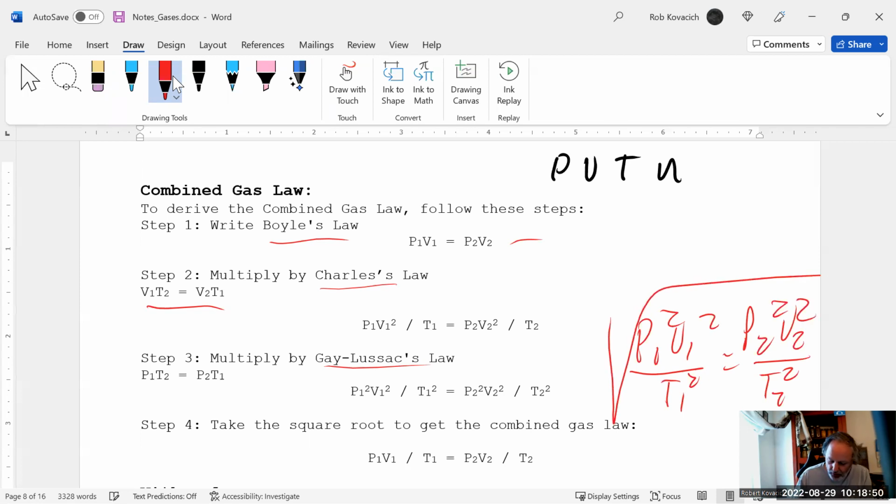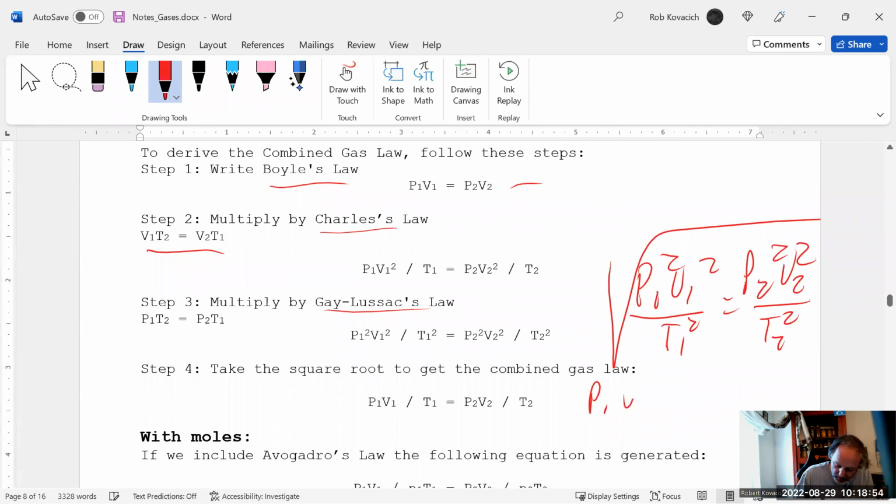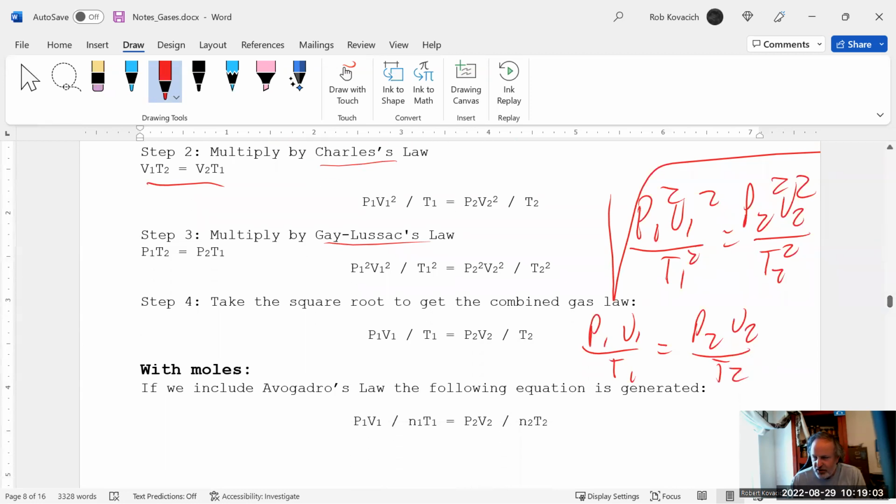So you take the square root of the whole thing, and you end up with P1 V1 T1 equals P2 V2 T2. Generally, it's done like this because people don't necessarily change the amount of gas, but you can also add N1 and N2, which is moles. So this is the full combined gas law.